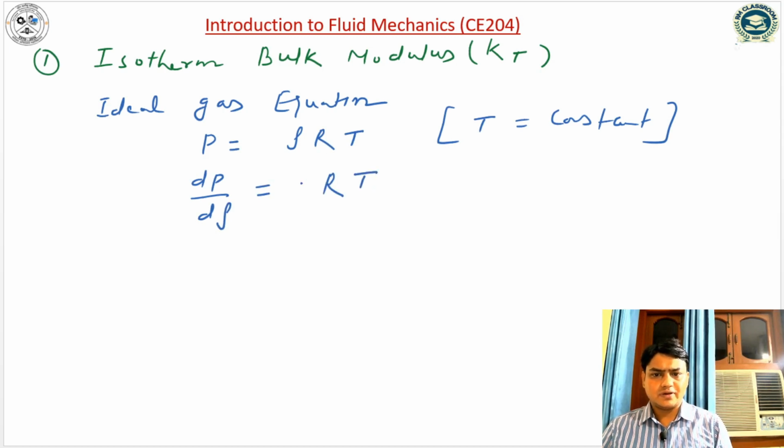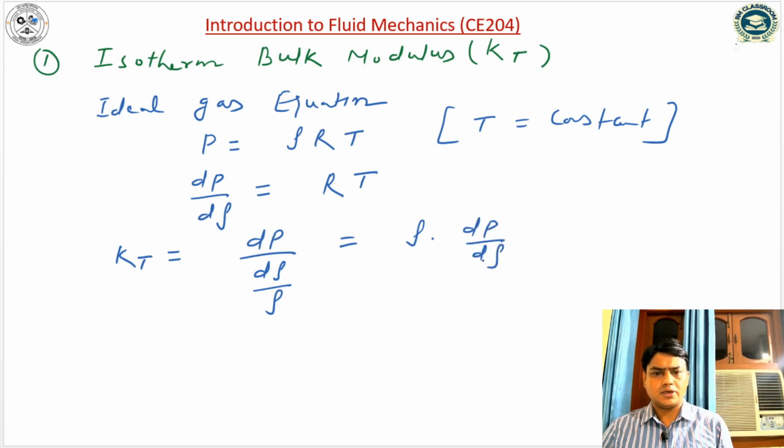Now if I put the value of dP by d rho, because bulk modulus K_T can be written as rho into dP by d rho.